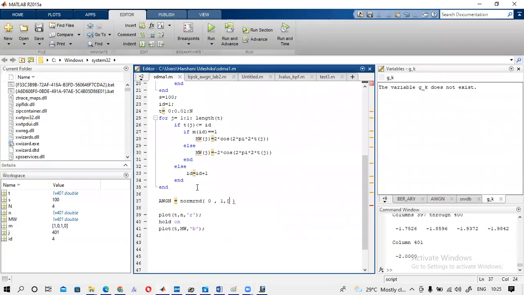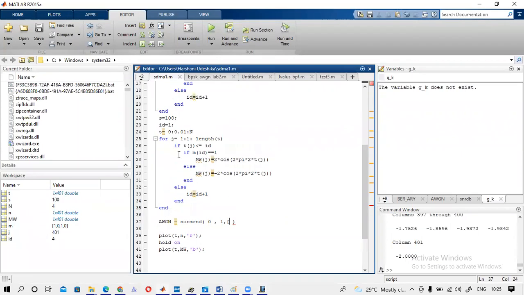So here you can see that we are using 0 to 0.1 n. This will also be an array, with row 1, and I get its length as t.